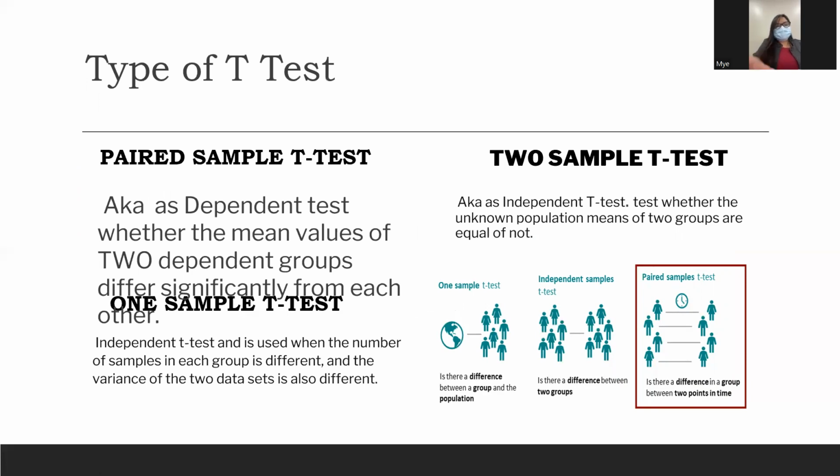The two sample t-test is an independent t-test that tests whether the unknown population means of two groups are equal or not. The one sample t-test tests whether an unknown population mean is different from a specific value. So there's a sample here where you can see the difference of the different types of t-test. Next slide, please.